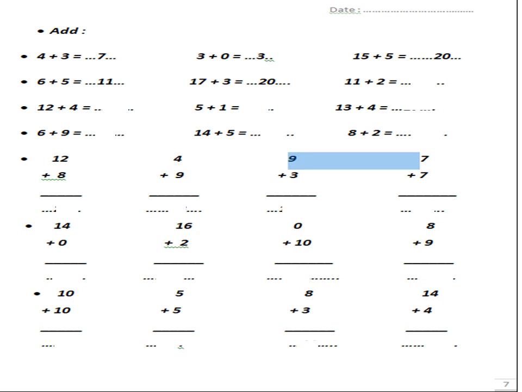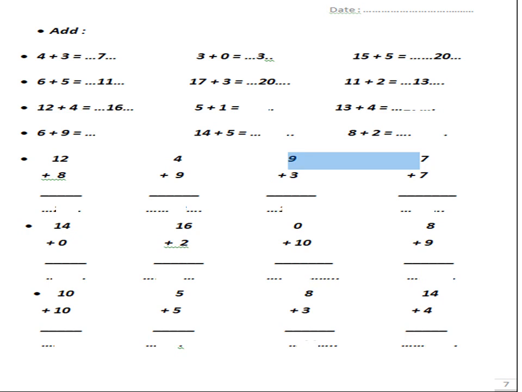11 plus 2. We keep 11 in our mind and 2 in our fingers and start to count after 11. After 11: 12, 13. So the answer will be 13. 12 plus 4. Of course 12 is the biggest number. So we keep 12 in our mind and 4 in our fingers and start to count after 12: 13, 14, 15, 16.